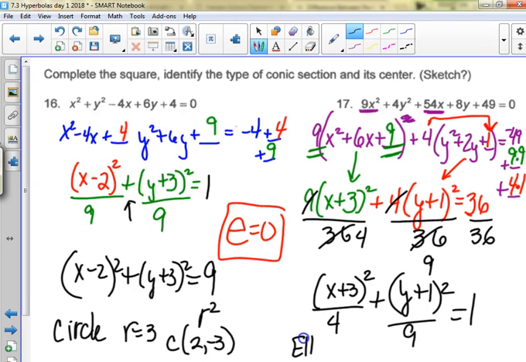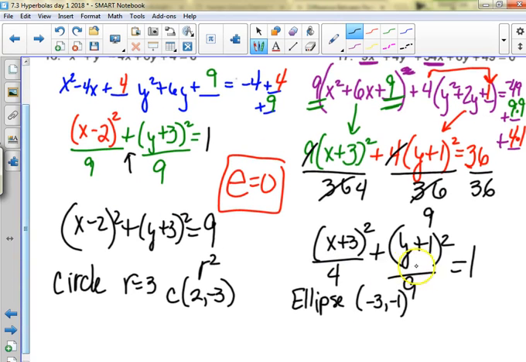It's an ellipse whose center is at what? Negative 3, negative 1. Is it longer up and down or across? A is actually 3 and B is 2, right? Because the definition for an ellipse is A is the bigger one. It's longer underneath the y, bigger number.